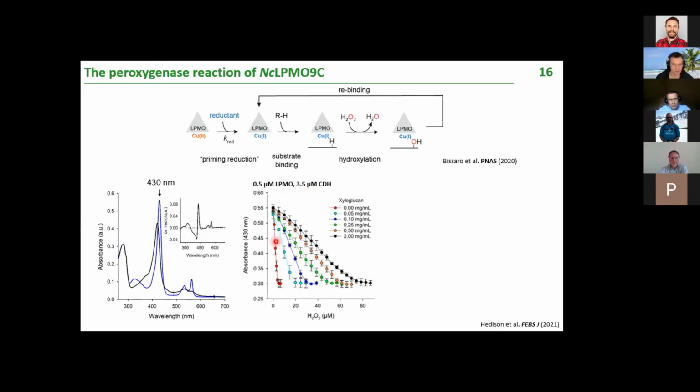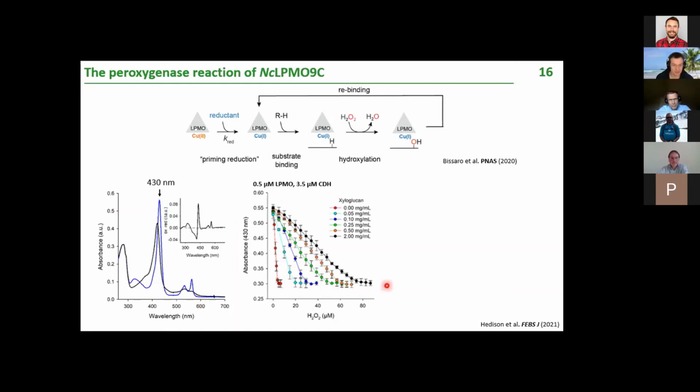And what we observed was that if we add a substrate for the LPMO, then you need a lot more peroxide to bring it back to the reduced state. So without substrate, this is a purely stoichiometric reaction. You need the same amount of hydrogen peroxide to deplete this cytochrome domain of electrons.